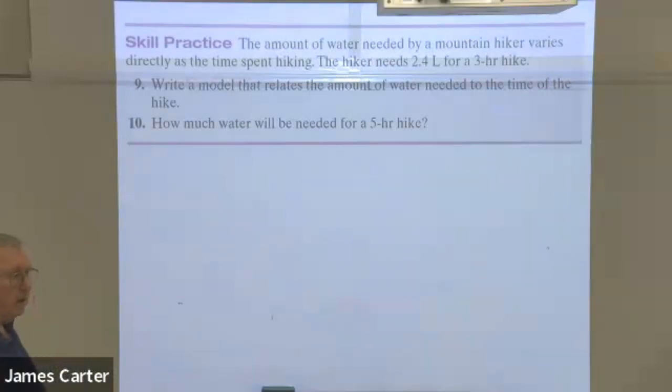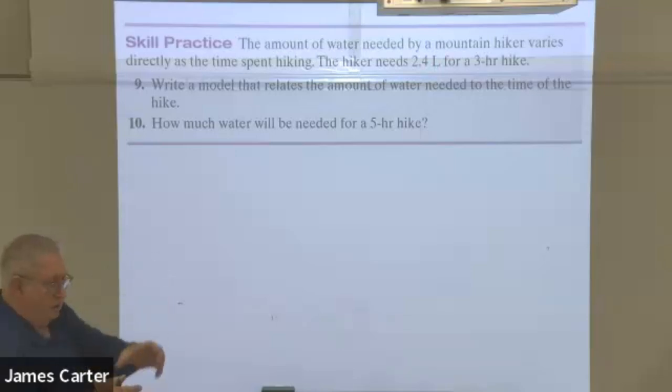Okay. And water replenishment is critically important to human survival. Well, in here, water needed by a hiker is 2.4 liters, just big around that much, 2.4 of those, for a 3-hour hike. Now, we didn't have that much.